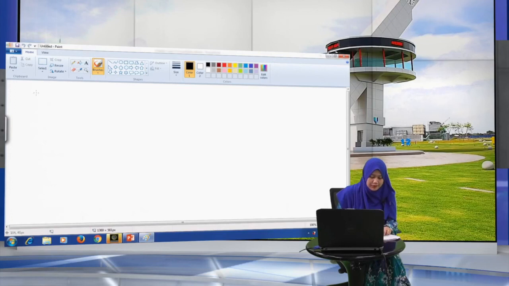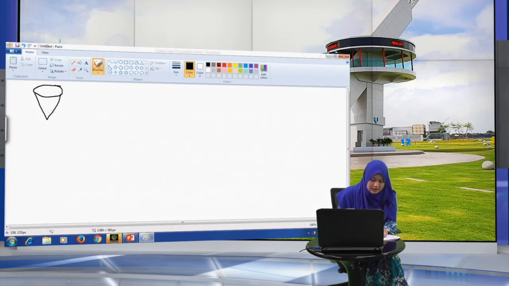Okay, the key point here is cone, a conical paper cup. So let's sketch the cone. The dimension is 2 cm for the radius, so we have radius 2 cm and 8 cm for the height.